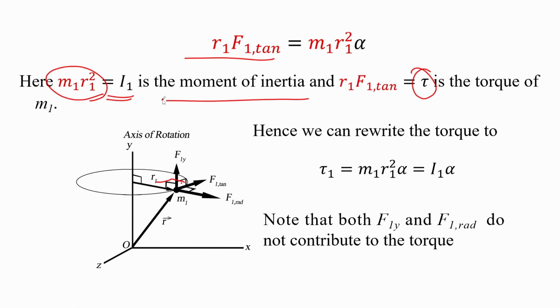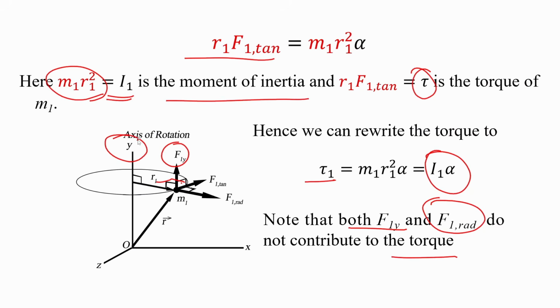So we can write an expression for this mass: torque 1 for that mass 1 is equal to I1 alpha. And again, both the F1y perpendicular and F1 radial do not contribute to the torque because their direction does not cause the body to rotate counterclockwise with respect to the y-axis.